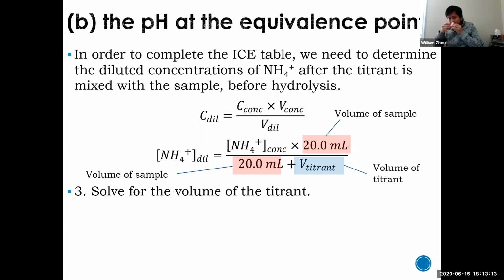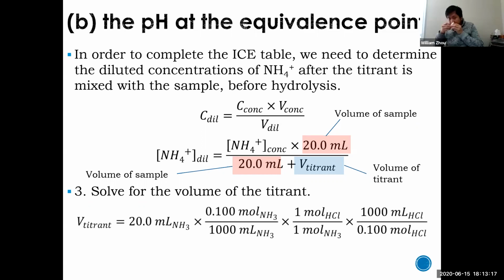You can calculate the volume of titrant to reach the equivalence point just by treating this as a normal titration problem. You have 20 milliliters of base times the concentration of that base in moles per liter. You convert to milliliters to cancel. It's a 1-to-1 ratio in the balanced equation, so those two cancel. So now you have moles of the HCl.